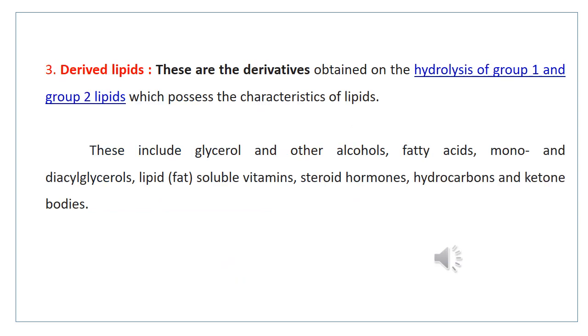These are the derivatives obtained on the hydrolysis of group 1 and group 2 lipids which possess the characteristics of lipids. These include glycerol and other alcohols, fatty acids, mono and diglycerols, steroid hormones, hydrocarbons and ketone bodies.